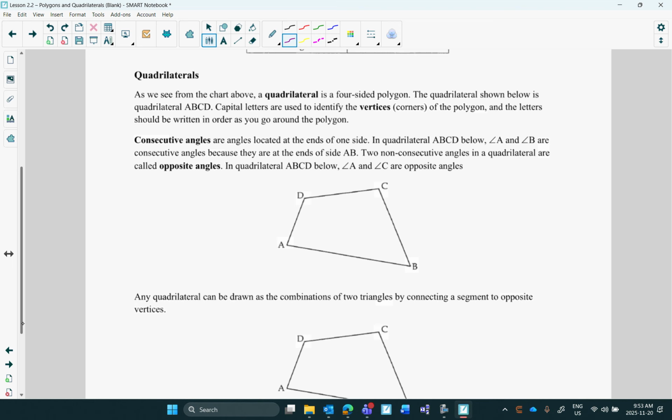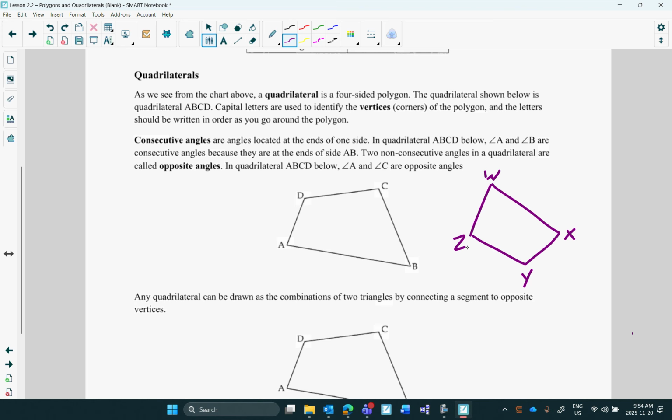So if we had something like this, and I wanted to call it WXYZ, I would pick any corner, W, and then I'd start going around clockwise or counterclockwise, doesn't matter. And just put the other three letters.